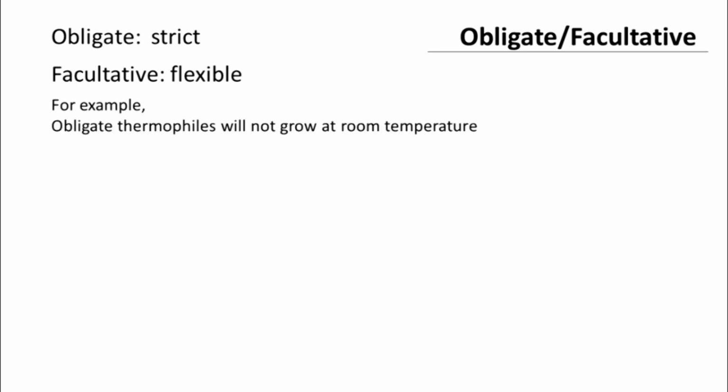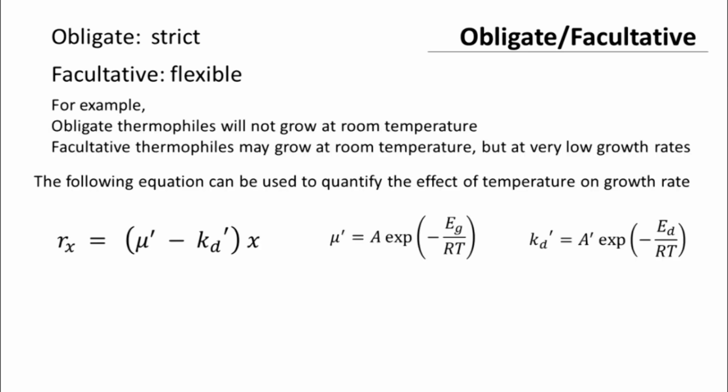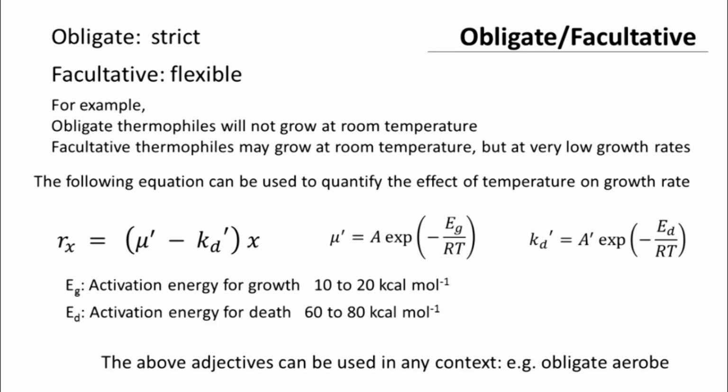Then we also saw the adjectives obligate and facultative that can be used in many different contexts, including temperature dependence. Obligate means strict, facultative means flexible. Then we saw a mathematical representation of the effect of temperature.